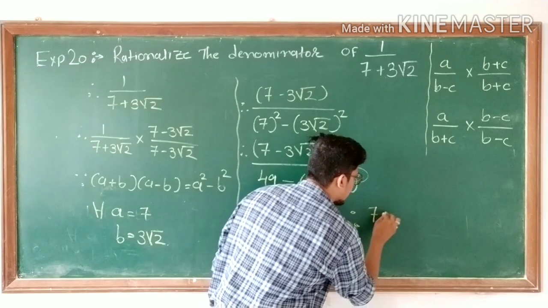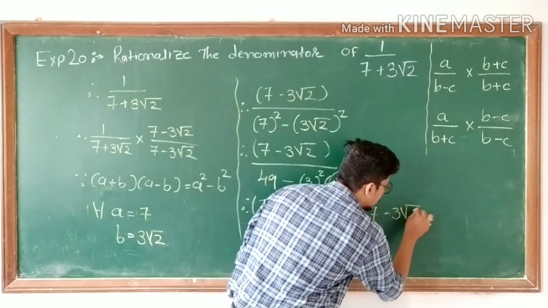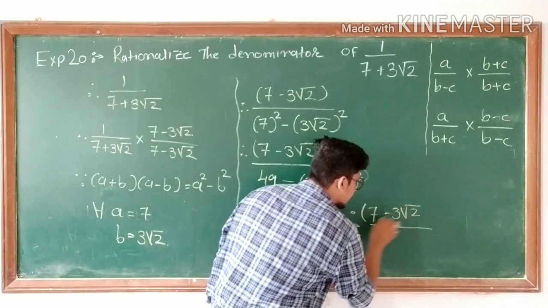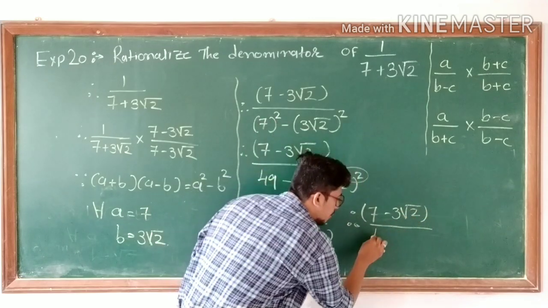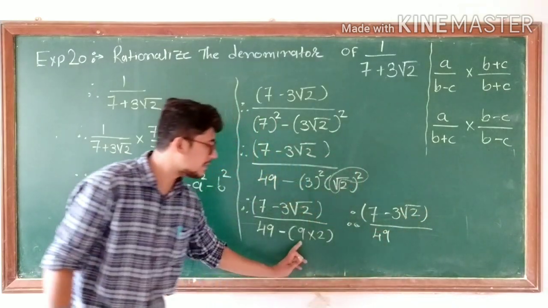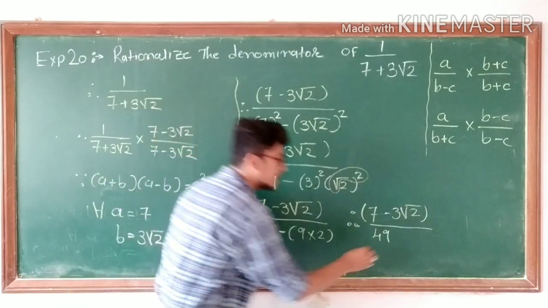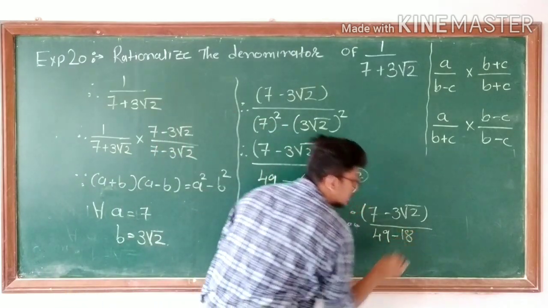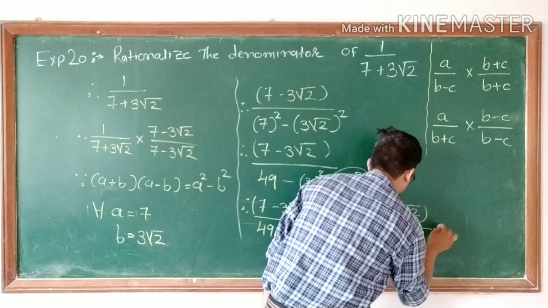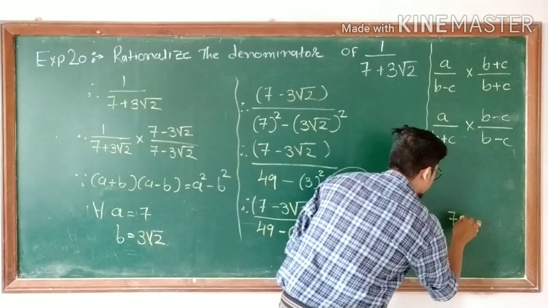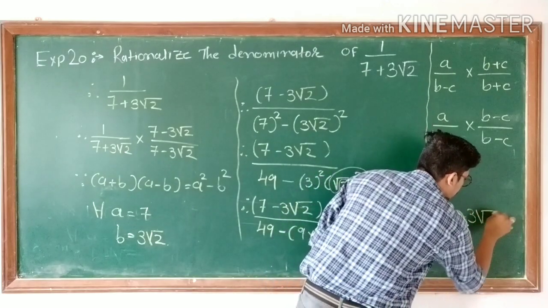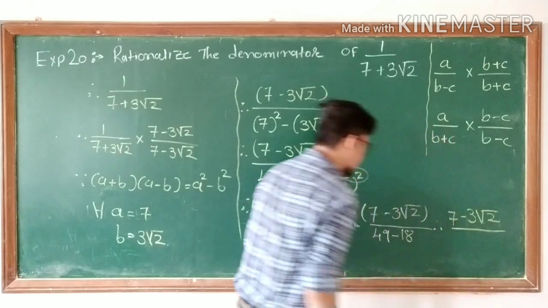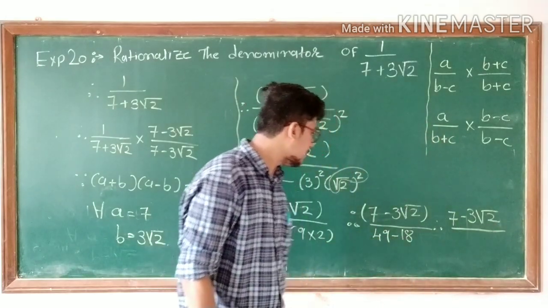7 minus 3 square root of 2 will be as it is here. 49 minus 9 2s are, that is 18. Yes or no? So therefore 7 minus 3 root 2 will be as it is. And what is 49 minus 18?